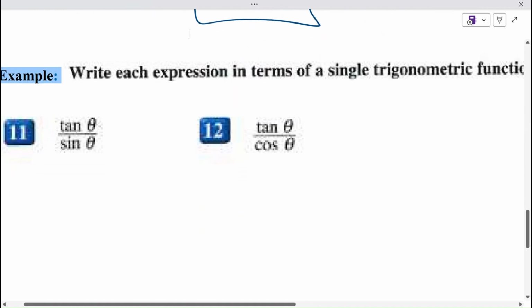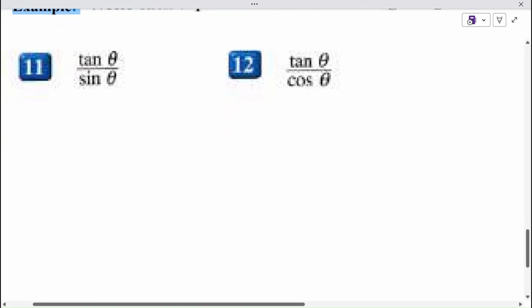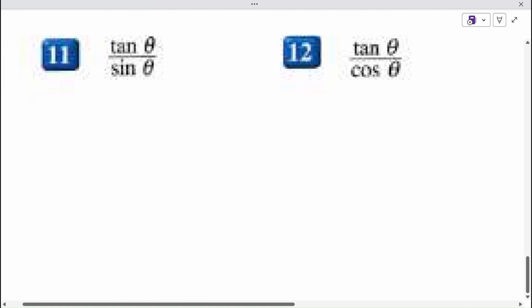Write each expression in terms of a single trigonometric function. Okay, let's write these two questions. The first question, question 11. Here we have tan theta over sine theta. At first, you know tan is equal to sine over cosine, right?